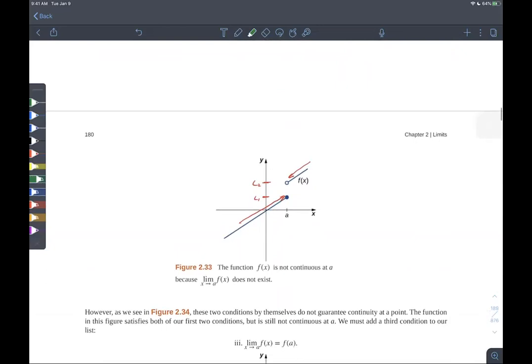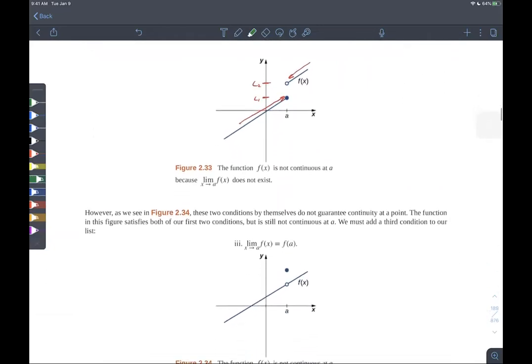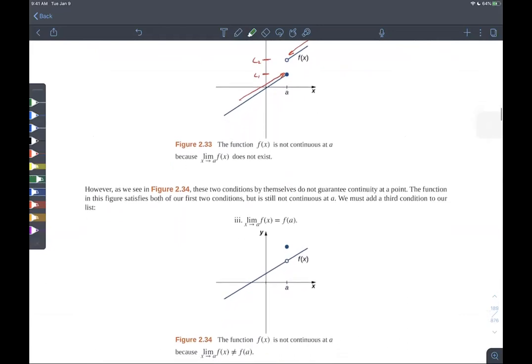But it turns out that this is still not enough for a function to be continuous. So let's continue reading. However, as we see in figure 2.34, these two conditions by themselves do not guarantee continuity at a point. The function in this figure satisfies both of our first two conditions, but is still not continuous at a. We must add a third condition to our list.